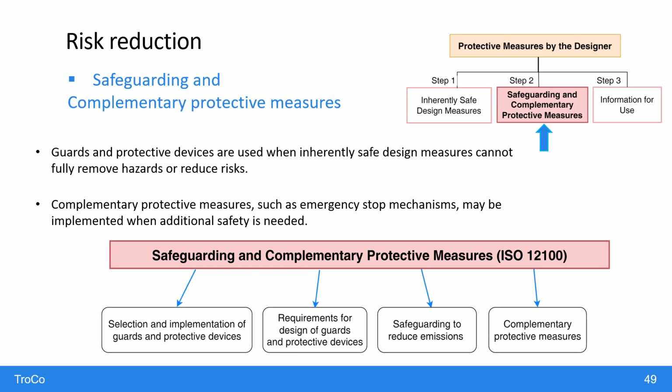Design requirements, ensuring guards and devices meet safety standards and criteria. Safeguarding to reduce emissions, addressing not only physical hazards, but also emissions such as noise, vibration, hazardous substances, and radiation. And finally, complementary protective measures, adding equipment like emergency stop devices to further enhance safety. In the next slides, we'll explore details and examples to see how these measures play a vital role in risk reduction.